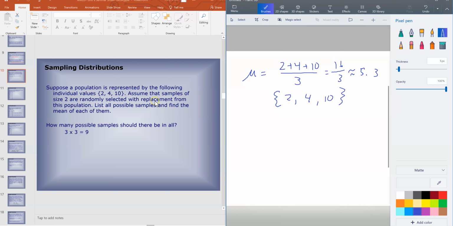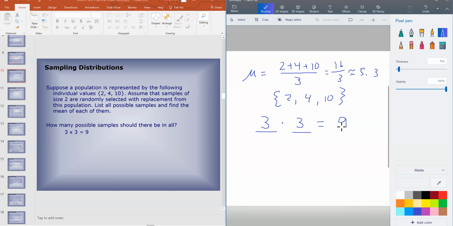So that each time you pick a number, you have 3 choices. So when you pick your first number, you have 3 choices. And when you pick your second number, you also have 3 choices, because you can either end up choosing the number 2, 4, or 10. So if you multiply 3 choices times 3 choices, that means you should have 9 total possible samples.